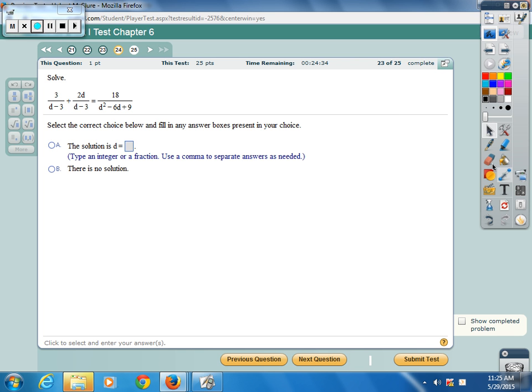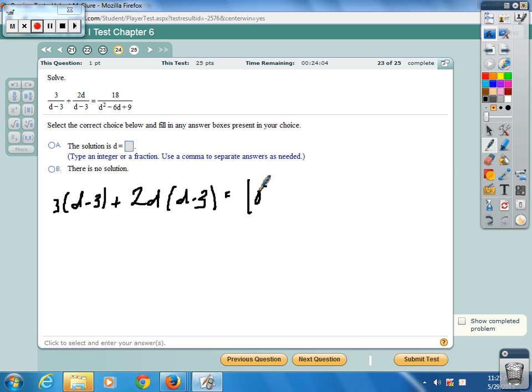So, if you multiply through by the common denominator, you're going to get 3 parentheses D minus 3 plus 2D times D minus 3 is equal to 18.